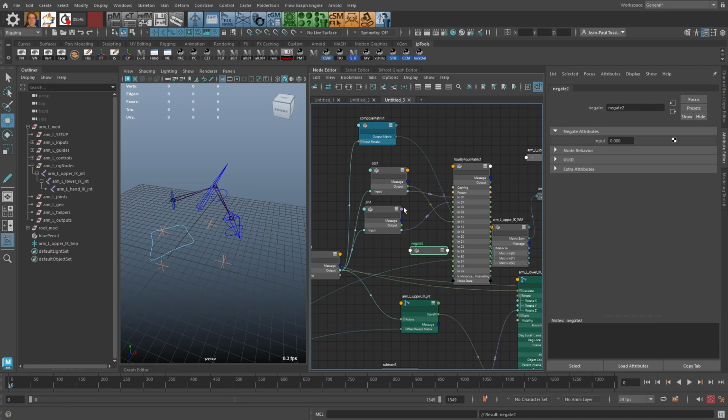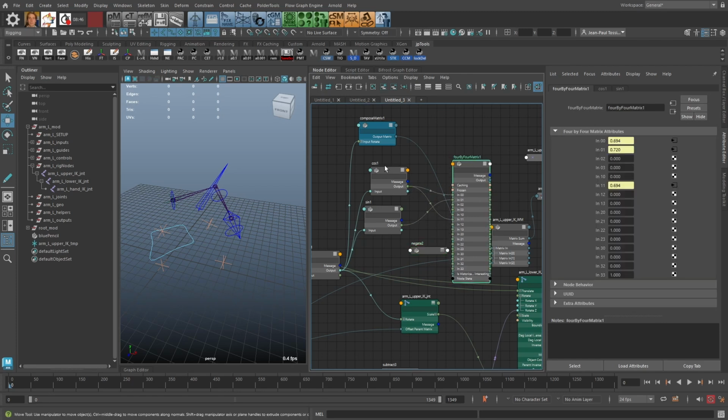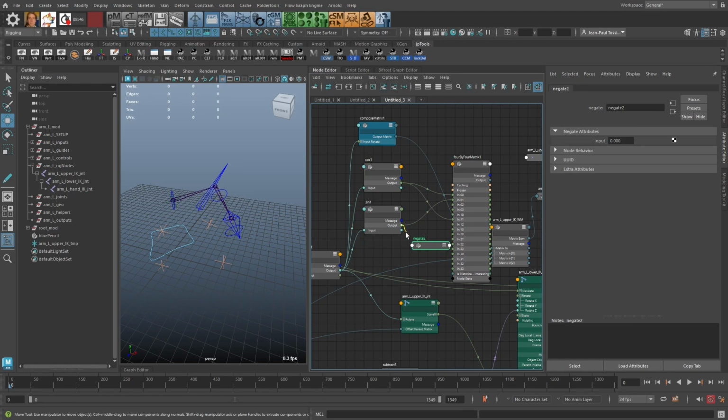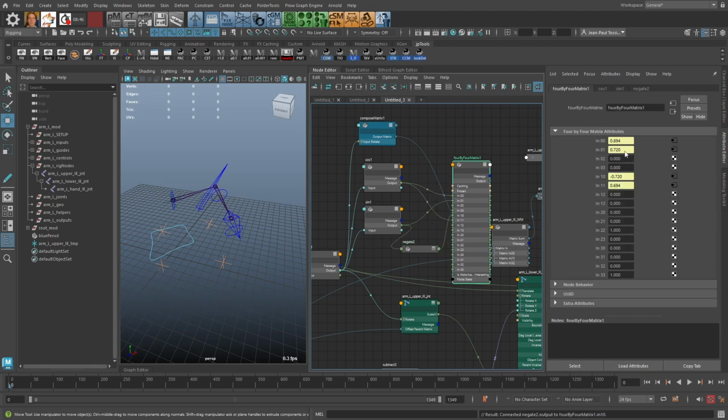So negating, we have to plug the output, not the angle. Sorry. So now it's set up correctly. We have to negate the output and then plug that into the x component of the y basis vector. So now we have set up the rotation matrix.